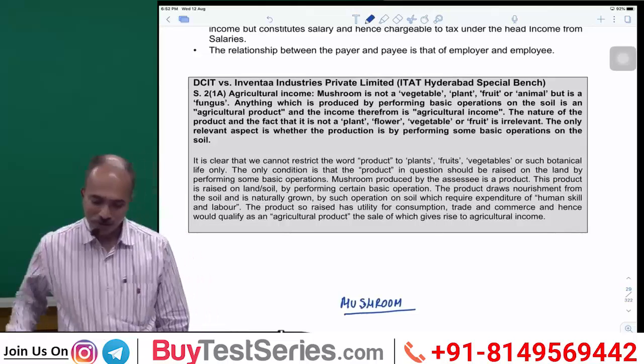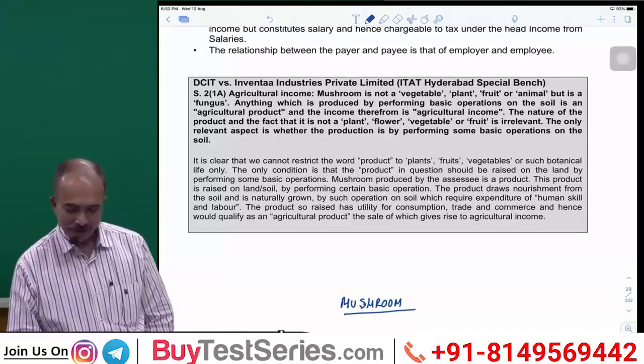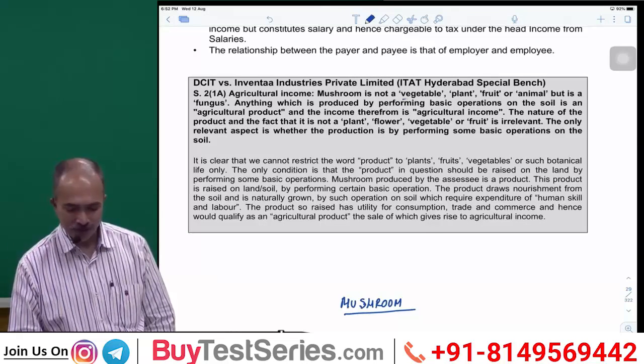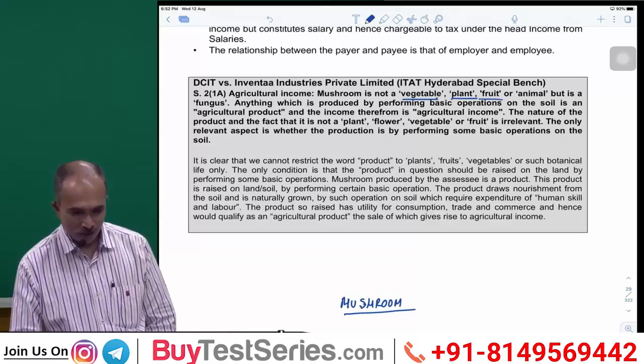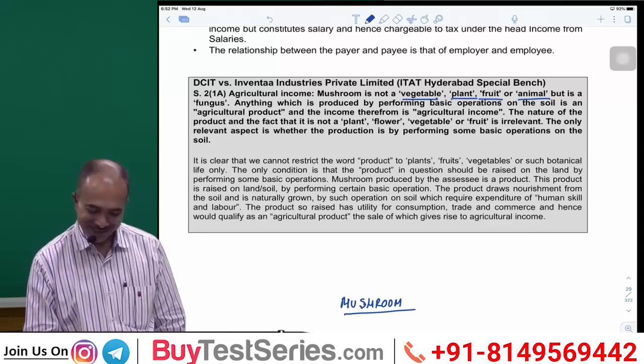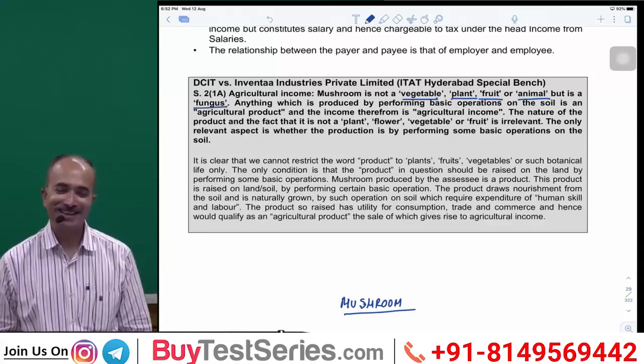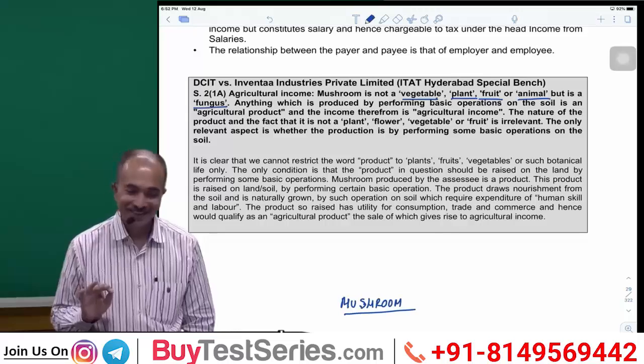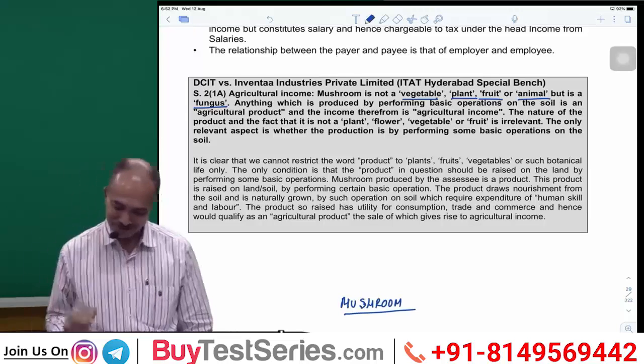Now, what was interesting, see the analysis. Mushroom is not a vegetable. It is not a plant. It is not a fruit. It is not an animal. But it is a fungus.